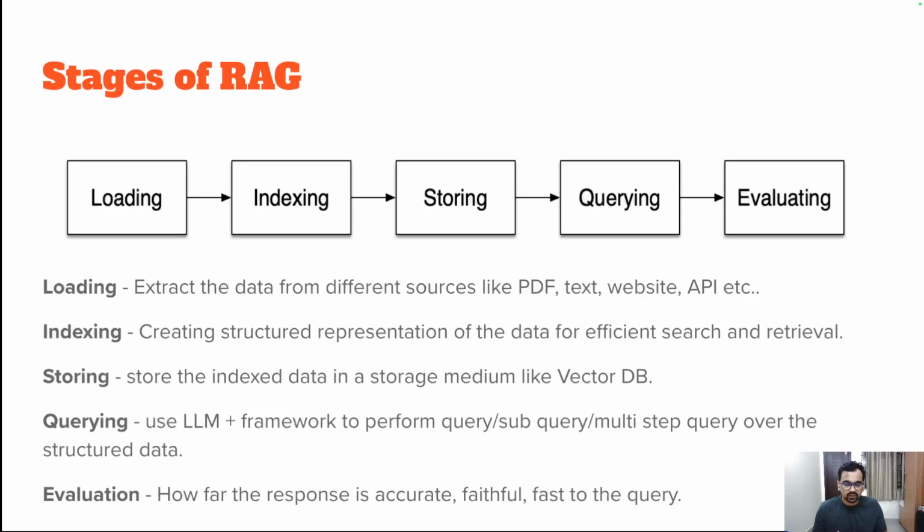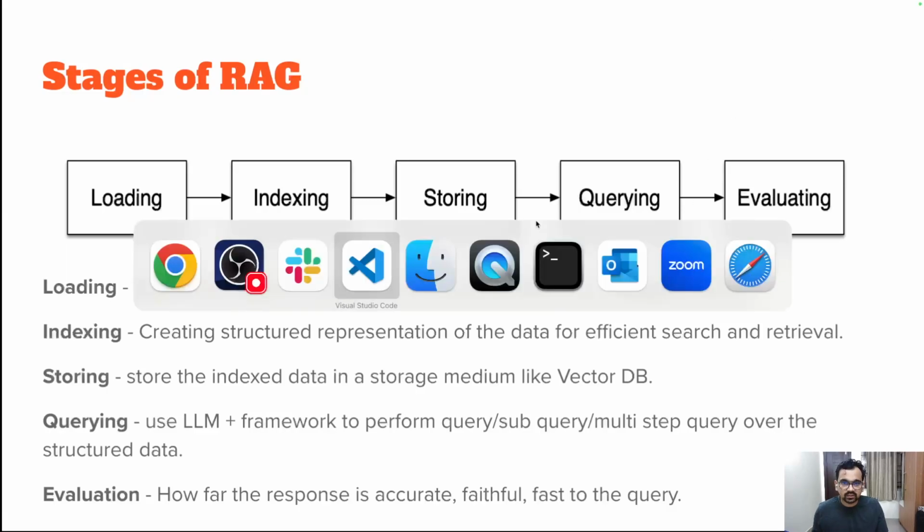The last is evaluation: how accurate and faithful our response is, and how fast the query is. We will see how to leverage Llama Index for each of these phases to build our RAG.